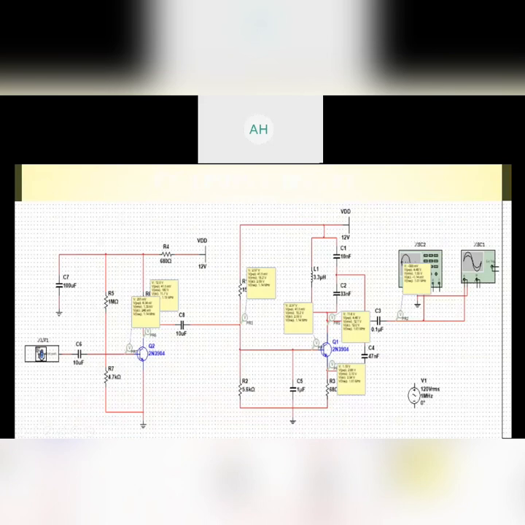Okay, here we can see our design for the Colpitts Hartley circuit. Here we can see our transmitter and receiver. From the transmitter, we connect our input from the microphone to a capacitor in microfarad that goes to our base, the common base, where the voltage is 251 millivolt.